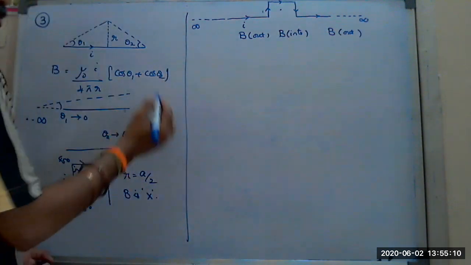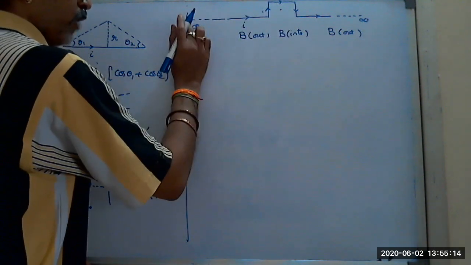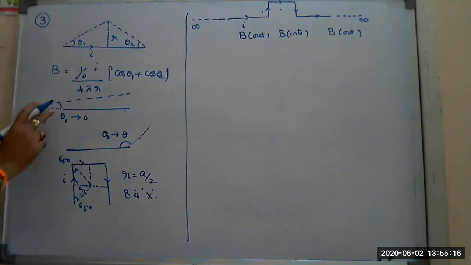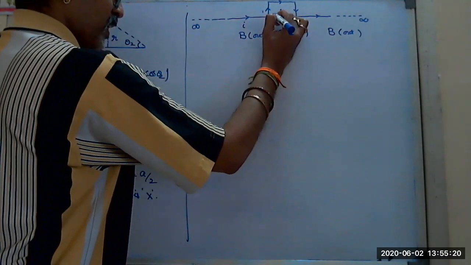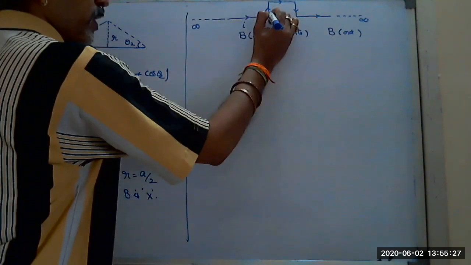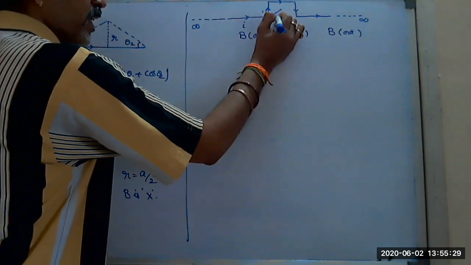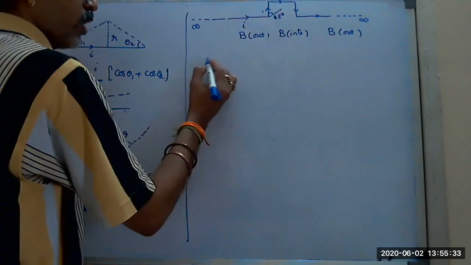So here what I am writing, the first part, one end is infinity, means theta will be 0. The other end is here, like the second part what I said. The angle with the wire means don't take 45 degrees now. It is 45 degrees, so with the wire means 90 plus 45.